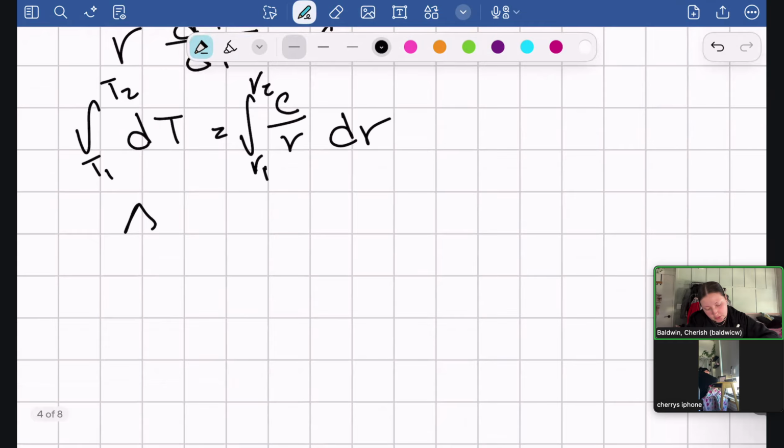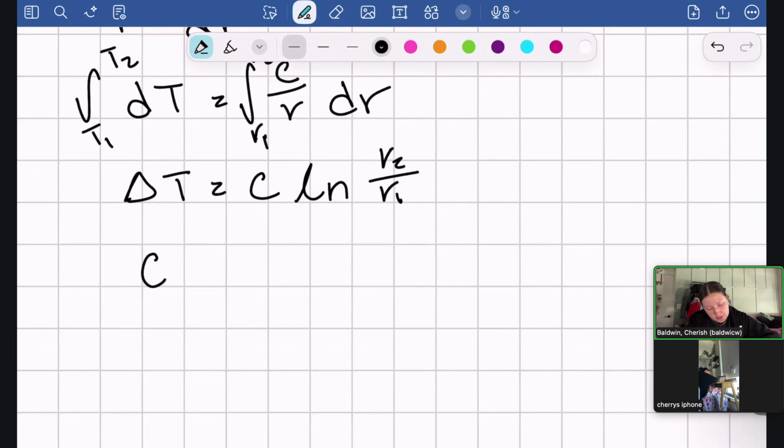So then that gives us delta T is equal to C natural log R2 over R1. So then C is equal to delta T over the natural log R2 over R1.